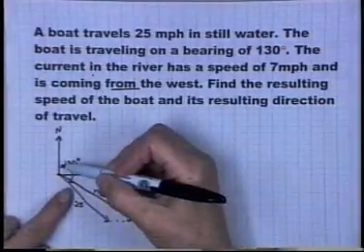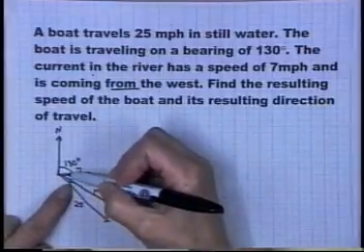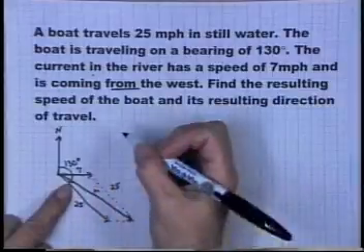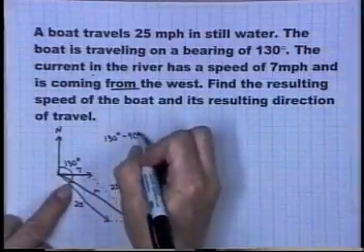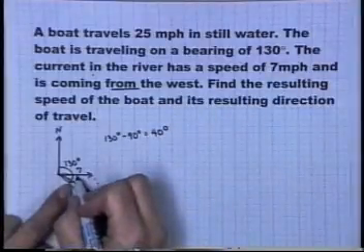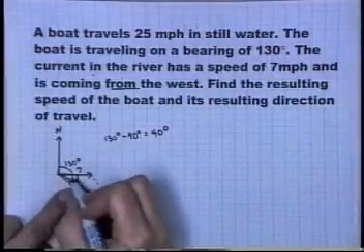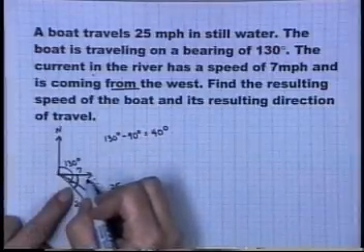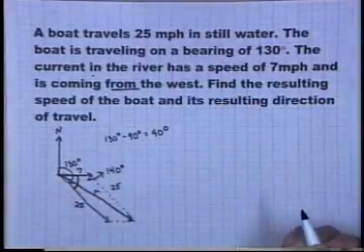Well, if this is 130 degrees, but I know from here to here is 90 degrees, don't I? Well, 130 minus 90 gives me what, 40 degrees? So the angle from here to here is 40. Adjacent angles are supplementary, so this angle right here is going to have to be 140 degrees, isn't it?